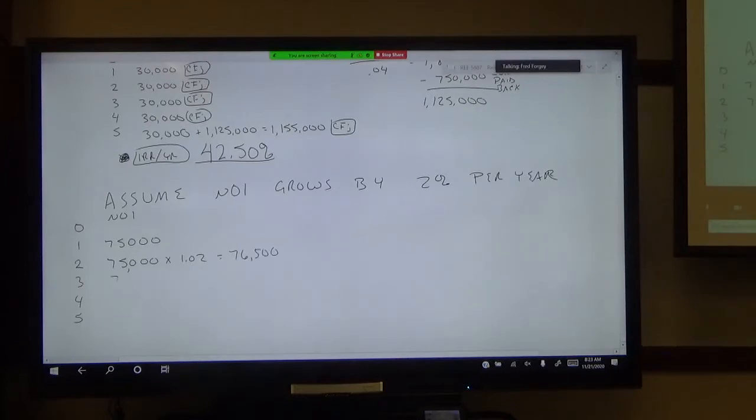The following year, you'll take the 76,500, multiply by 1.02, which is 78,030. Rinse and repeat: 79,590.6.